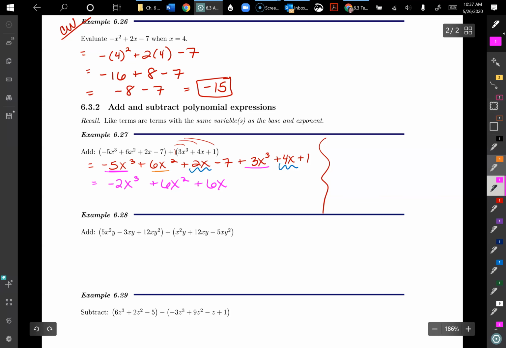And then lastly, we have the constants there, or power of 0 monomials. So we have -7. So again, take your sign with it. -7 plus 1 is -6.